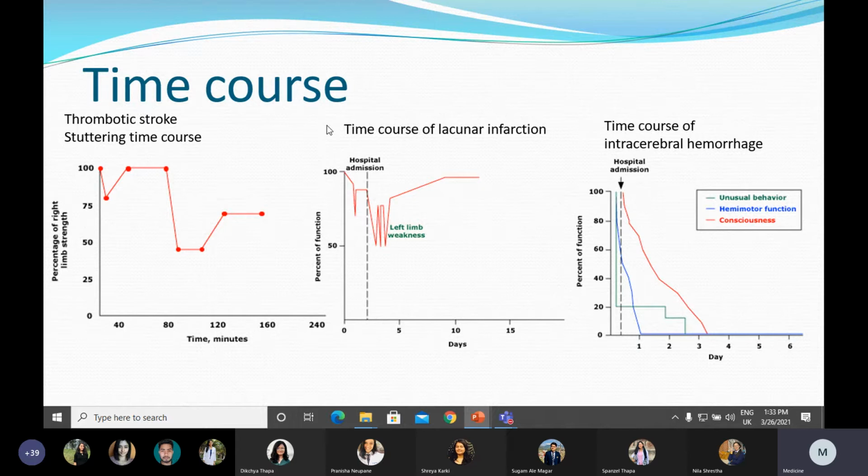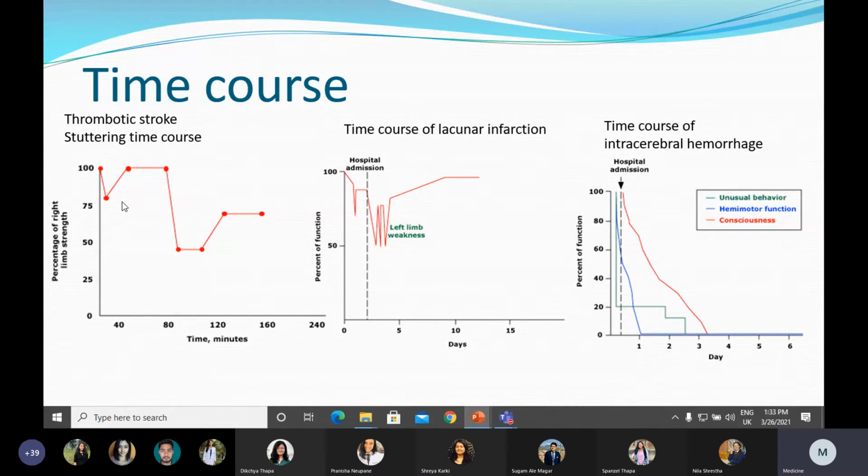This is a time course which is quite important to differentiate whether it's a hemorrhage or an infarction or thrombotic. In thrombosis, there may be a stuttering time course, where the patient may have deterioration in neurological function, then improves, then deteriorates. It would be something like this.